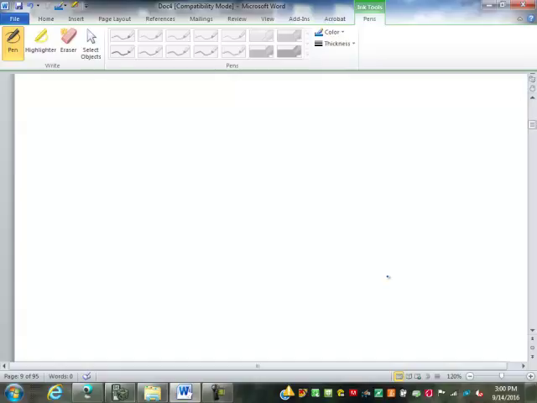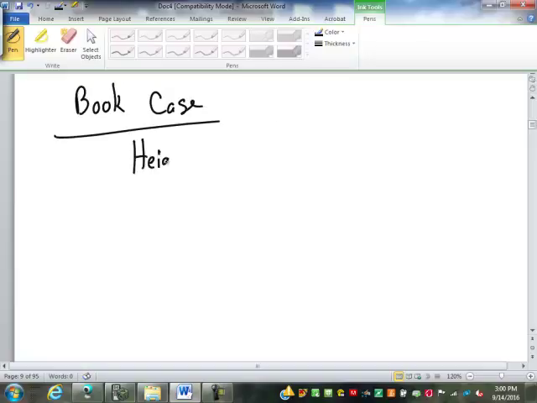Okay, we're going to do one more example, and then I'm going to give you guys some time to work on the quiz. This new example, though, might be a little tougher. We have a bookcase that has an overall height of 66 3/4 inches.